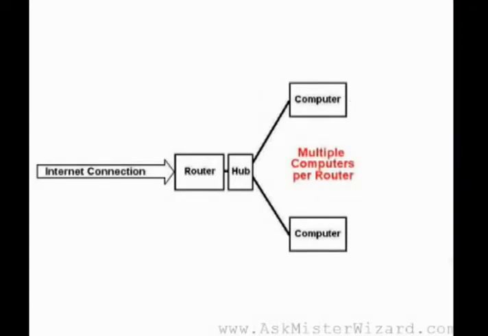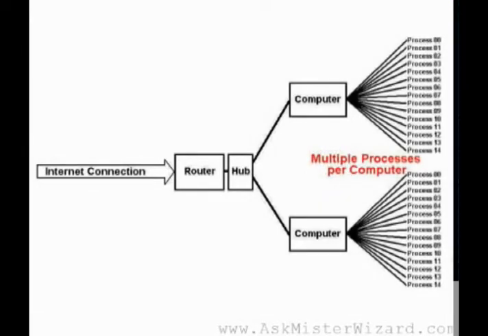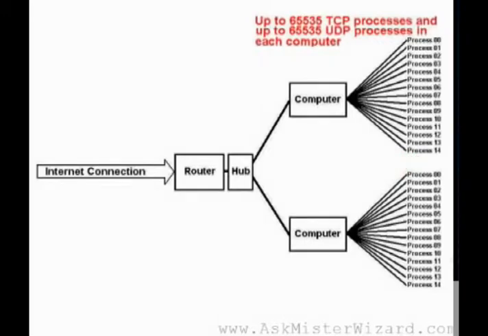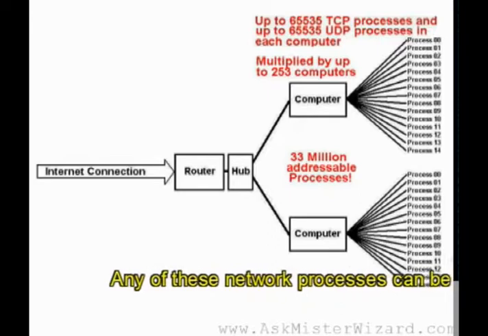So, in this fully developed, business-oriented Class C connection situation, there are multiple computers per router, up to 253, and there are multiple processes per computer, more than 130,000, for a grand total, potentially, of more than 33 million network-oriented processes on this small network, all of which can simultaneously address the worldwide Internet and speak with any other process anywhere else. It's really powerful. For most people, it's overkill.